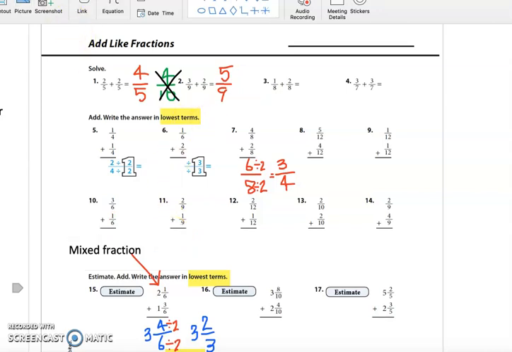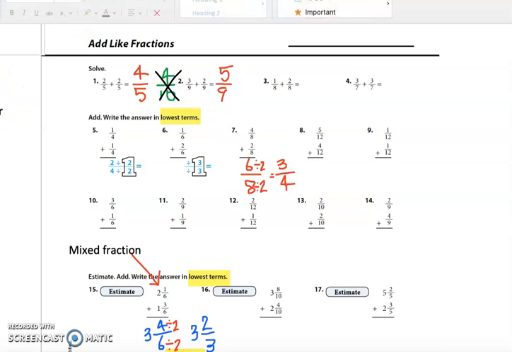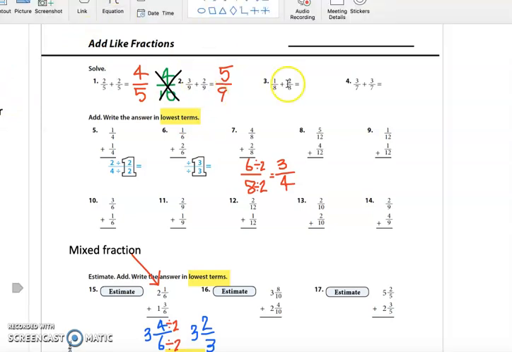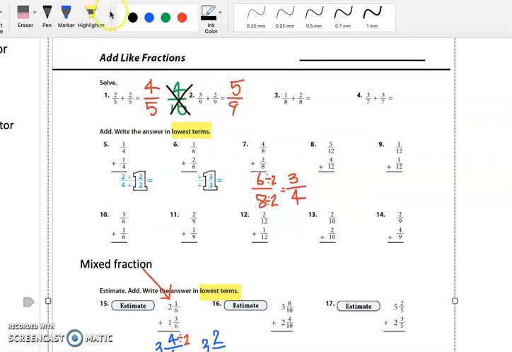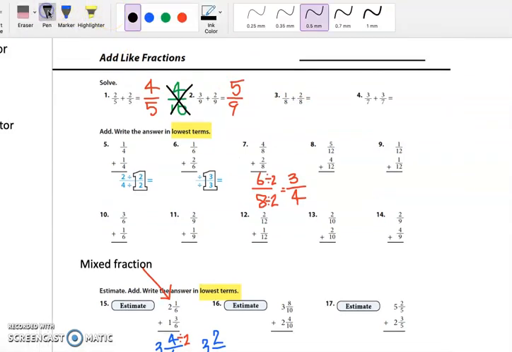As we have mentioned, when we're adding or subtracting two fractions, we need to make sure that they have the same denominator. So let's check number 3 together. For number 3, we have the same denominator of 8.